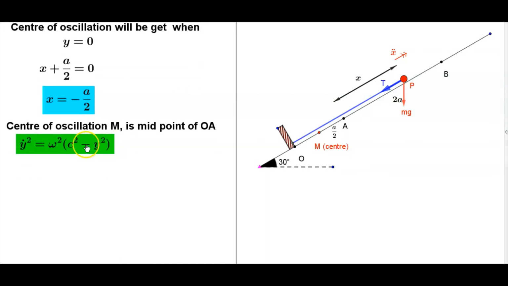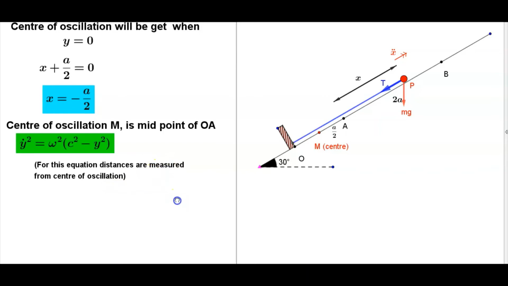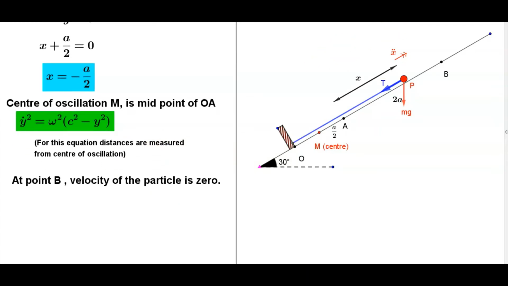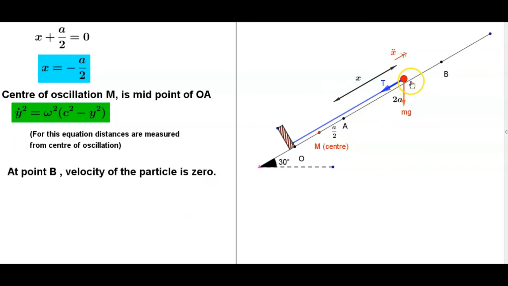For this equation, all distances must be measured from the center of oscillation. At point B, the velocity of the particle is 0 because the particle is released from here.